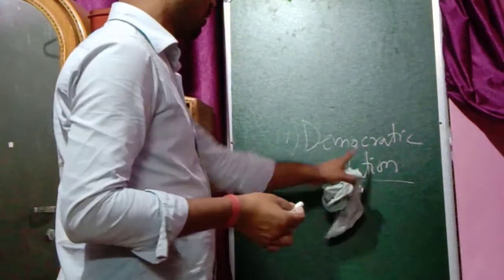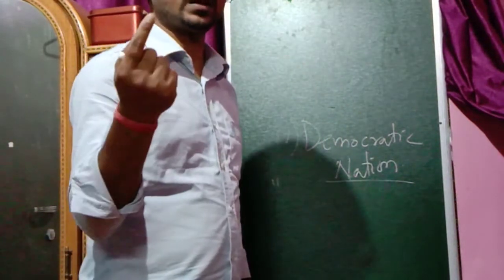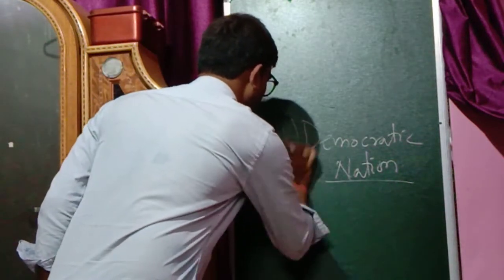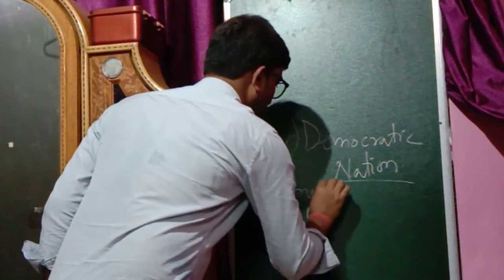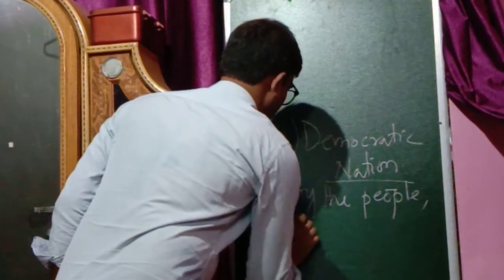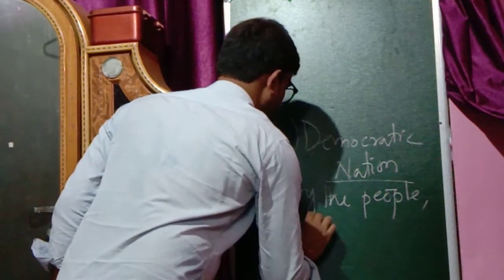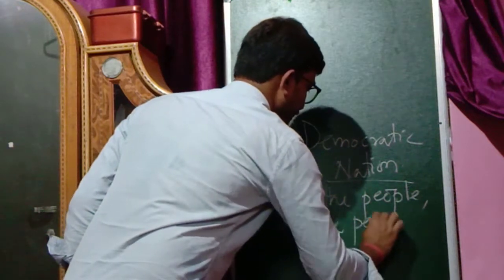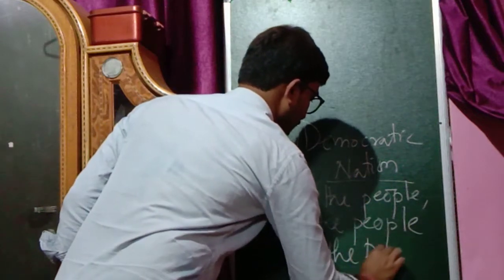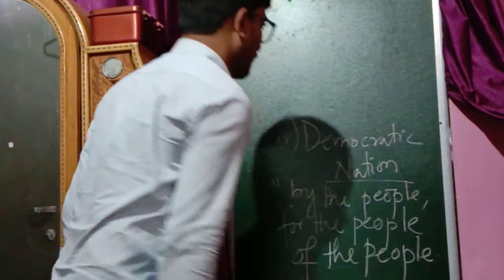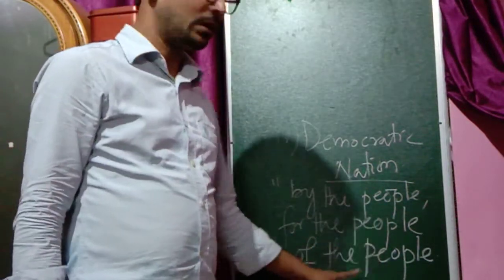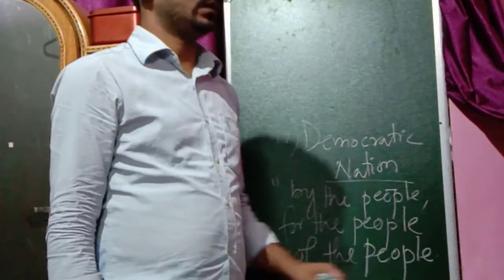Now the democratic system of government states one important mantra, that is: by the people, for the people, and of the people.